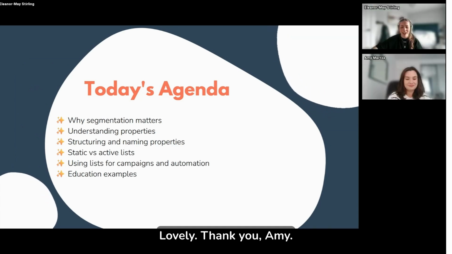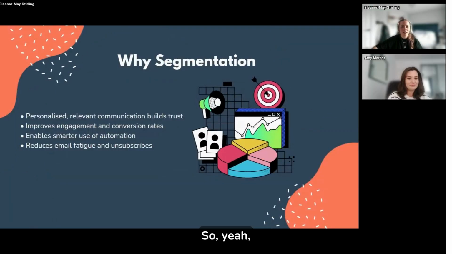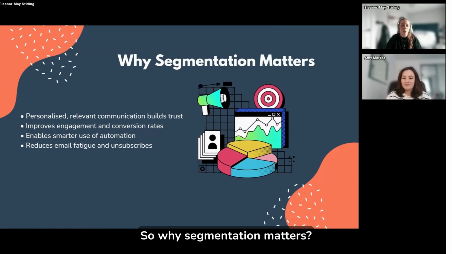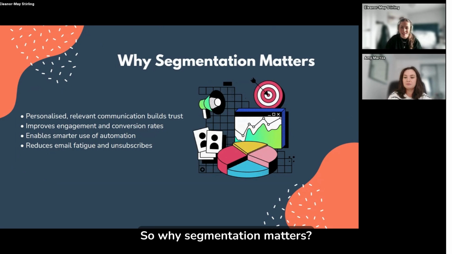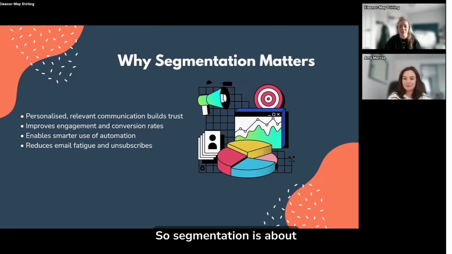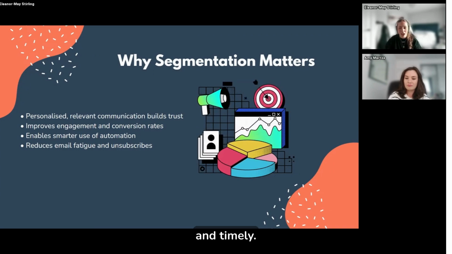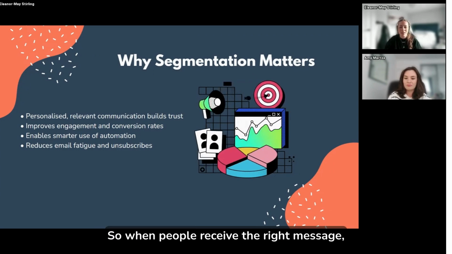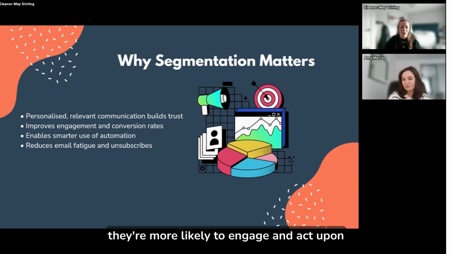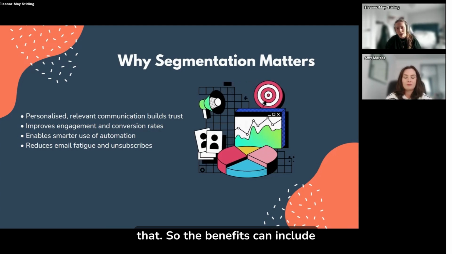Lovely. Thank you, Amy. So let's just get started then. Why segmentation matters. Segmentation is about making communication personalised, relevant and timely. When people receive the right message, they're more likely to engage and act upon that.